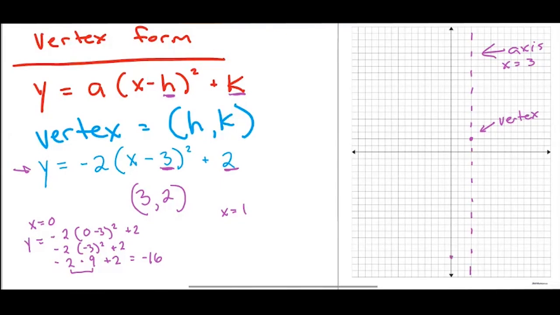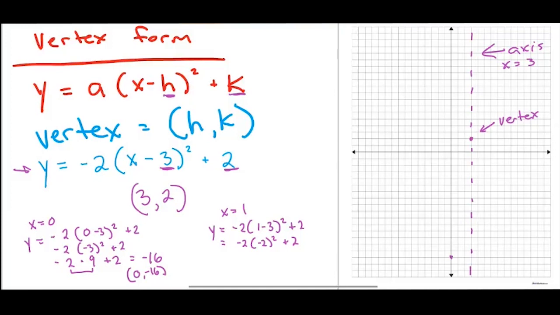Now we'll plug in 1 and see what we get for our second point. All right, so I'll write 0, -16 right here. So that's one of my points. Now let's plug in 1 and see what we get. Y equals -2 times 1 minus 3 squared plus 2. All right, that's -2 times -2 squared plus 2.